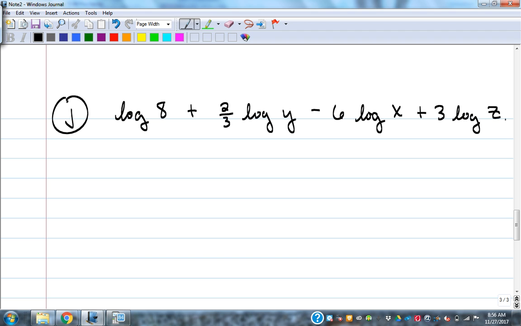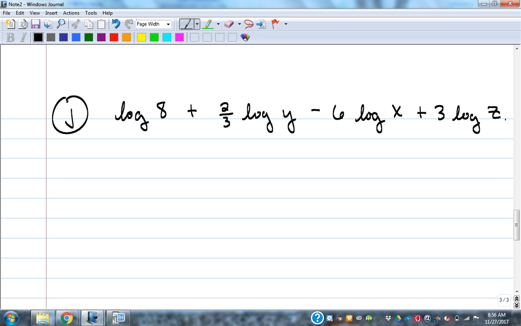We want to condense that down. 3 log of z.